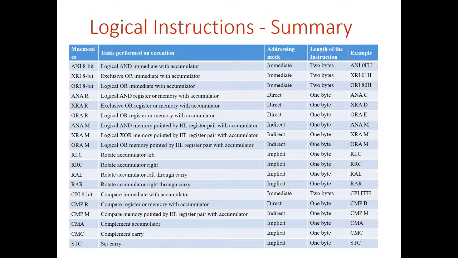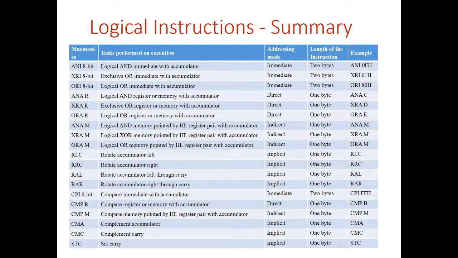Then you have to use these four kinds of rotate instruction according to your requirement. These rotate instructions only work with the accumulator content. You can't rotate the content which is stored inside B register or C or D or E or H or L. These are not valid.